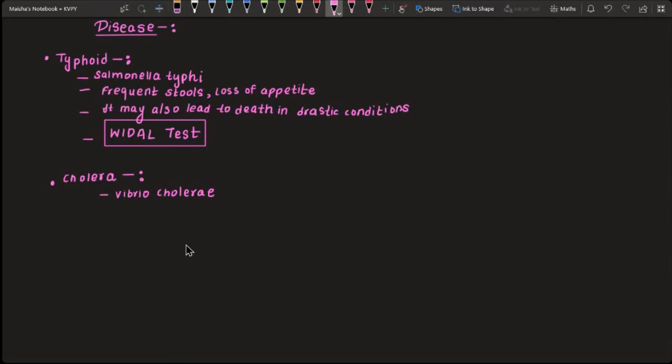It is not very important to remember the name of the pathogen, but we must be familiar with the important symptoms. Vibrio cholerae is again affecting the alimentary canal. Some of the very important symptoms include, first, white, rice water-like frequent stools.